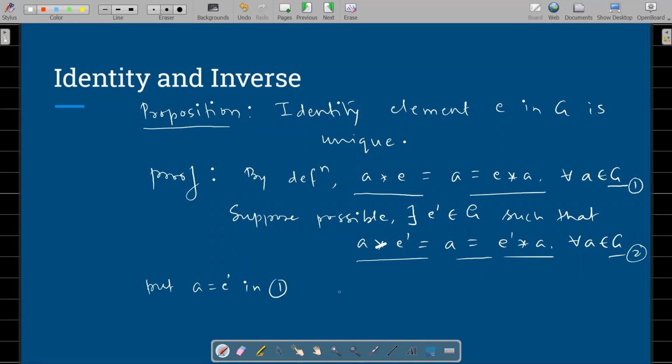Put A equal to E dash in 1. So what I'll get, E dash star E is equal to E dash. I'm replacing everywhere A by E dash. That is equal to E star E dash. I'll call this as 3.